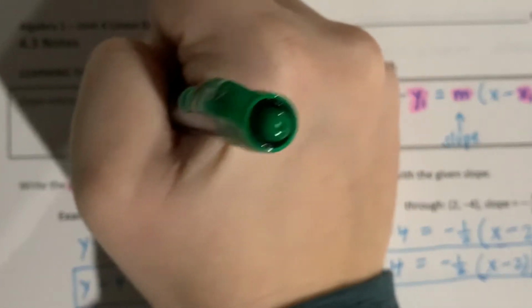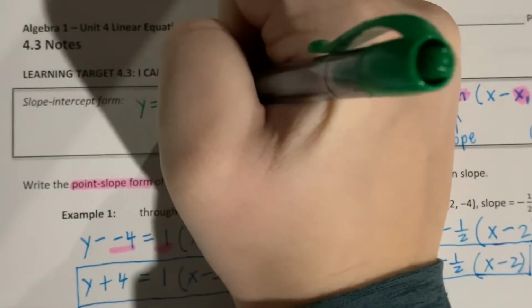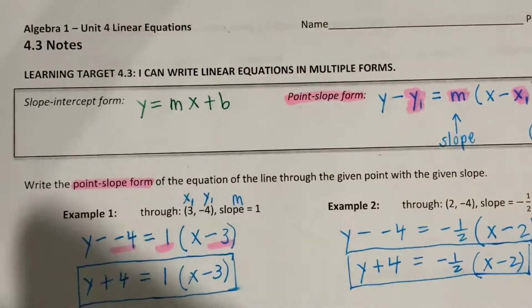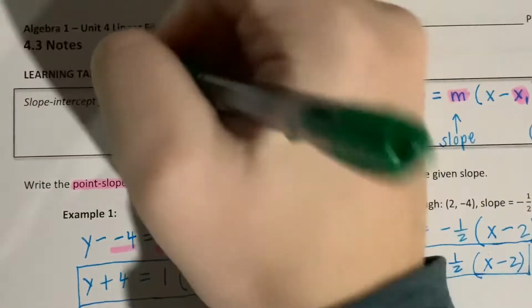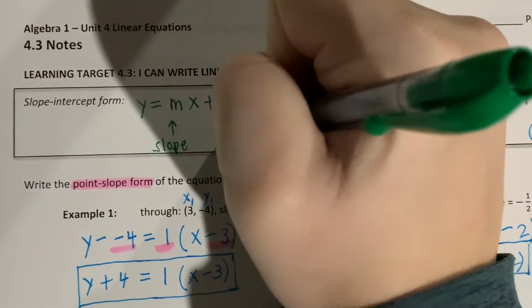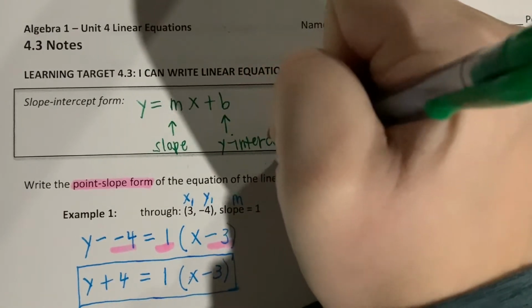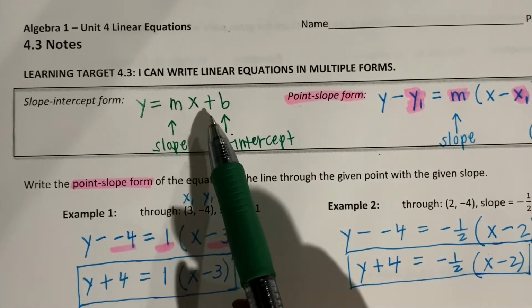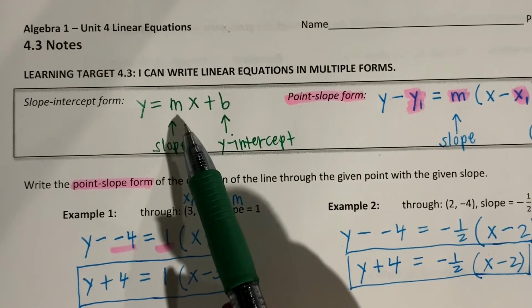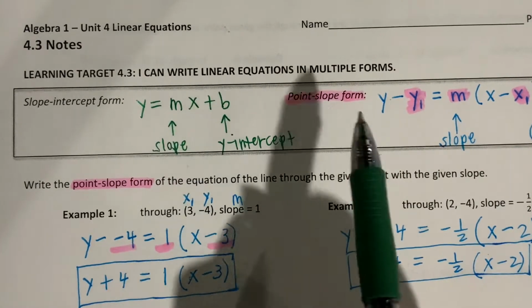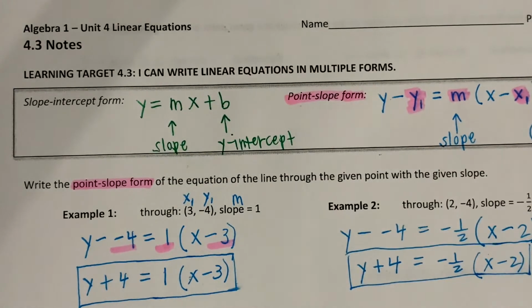And we've looked at this quite a bit, slope-intercept form, y equals mx plus b, where our m here is our slope and our b here is our y-intercept. So we'll be working with this form. This is the final form that we'll want our equation to be in, but we're going to have to do some work with this point slope form.